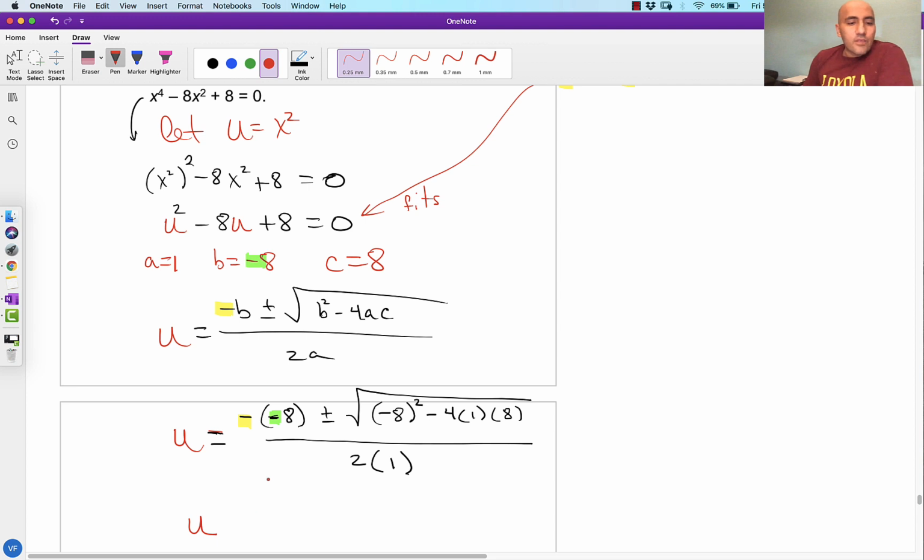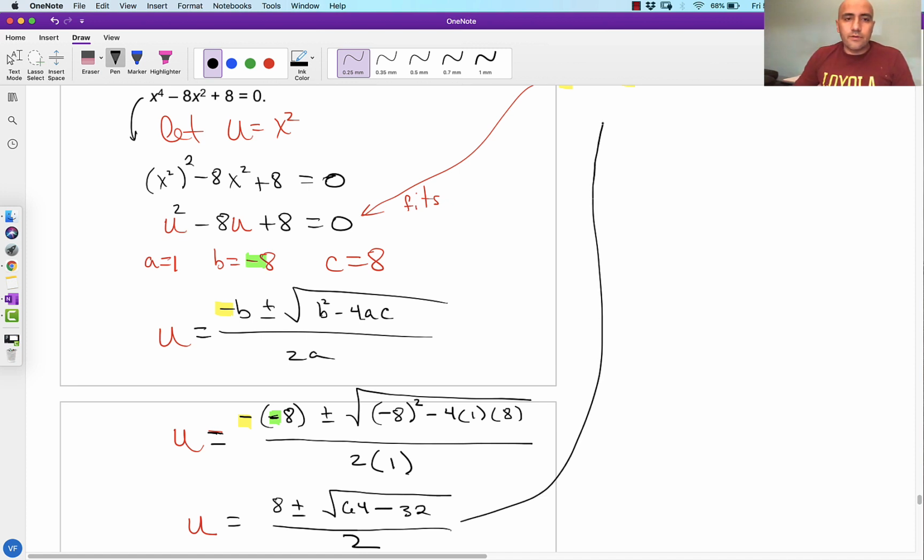So I'll get that u is equal to 8 plus or minus the square root of, and then -8 squared gives you a 64, and then 4 times 8 is 32. All of that gets divided by a 2.